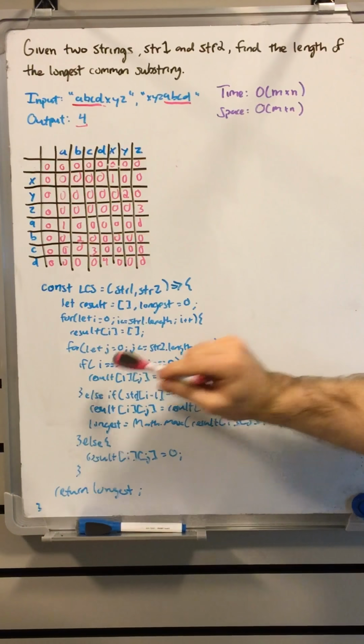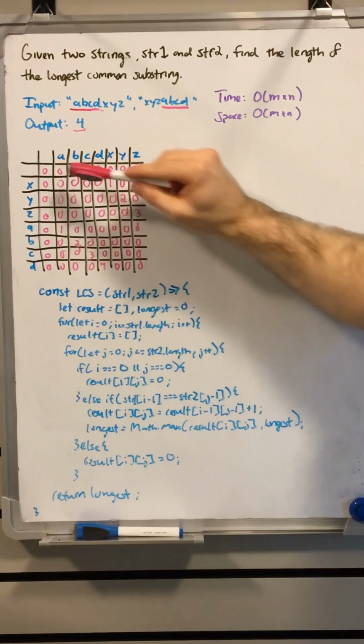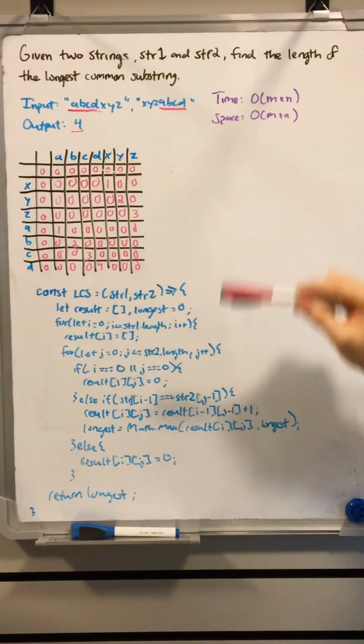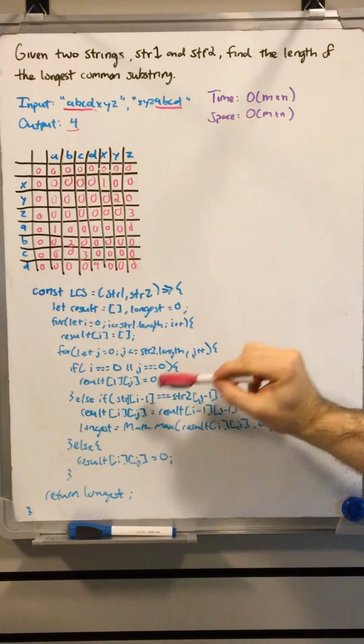Because we say if I is 0 and J is 0, which basically means this area right here, then we're going to add a bunch of zeros. And that's what we do here.